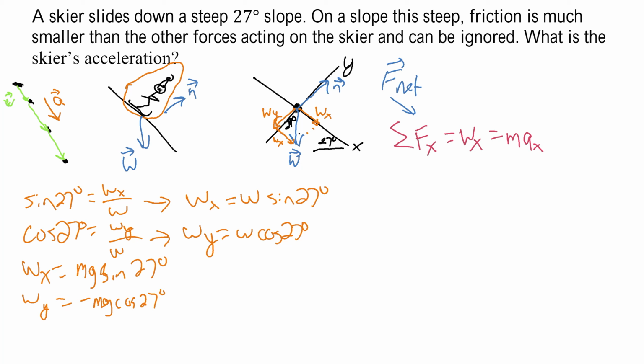Okay? Now, we want the sum of the forces in the y direction. What do we have? We have the normal force in the up direction, so that'll be N minus W sub y. Okay, and then that's going to be equal to what? 0.